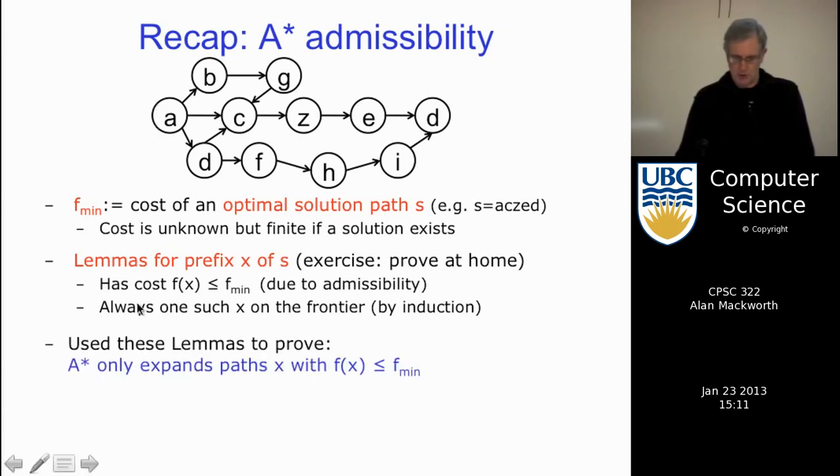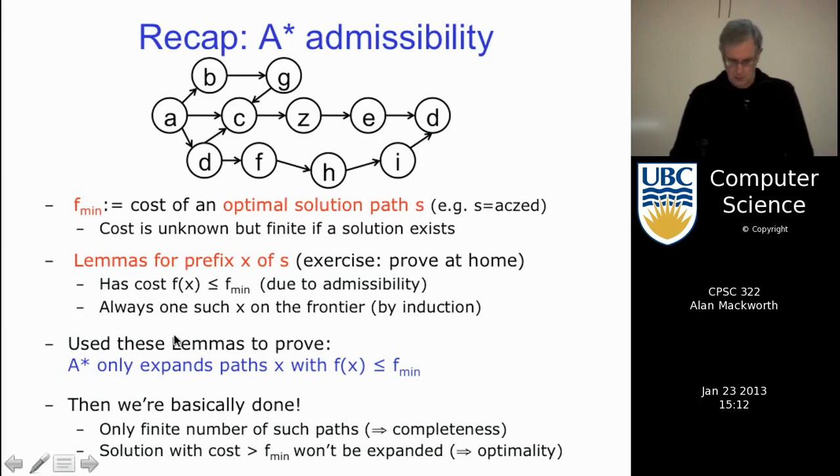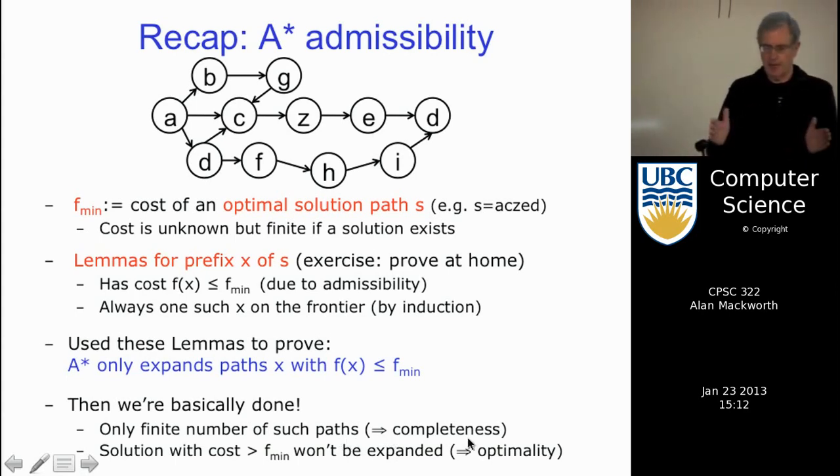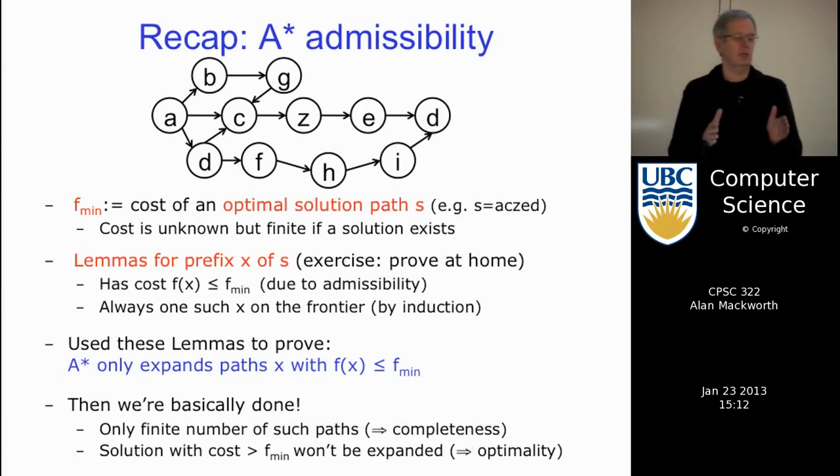So we use those lemmas to prove that A star only expands paths x with f of x less than or equal to f min, until it expands f min and says, oh, that's a goal, I will stop. I found the shortest path, right? So then you're basically done. The key points are that there are only a finite number of paths, which gives us completeness, right? There's only a finite number of paths whose f value is less than or equal to f min.